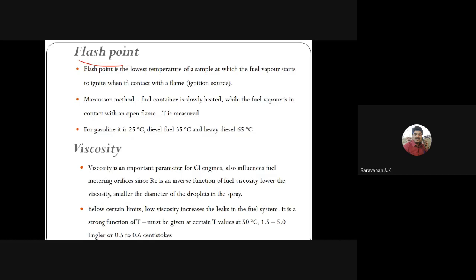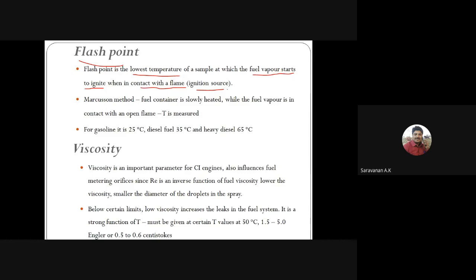Then what is flash point? It is the lowest temperature at which the fuel vapor starts to ignite when we are giving some heat or in contact with a flame or ignition source.